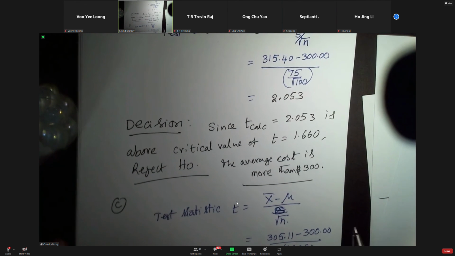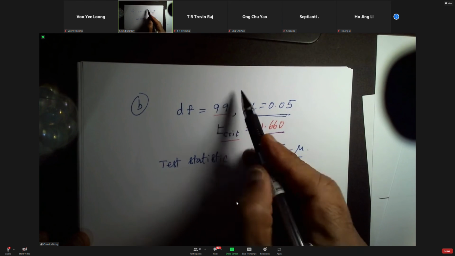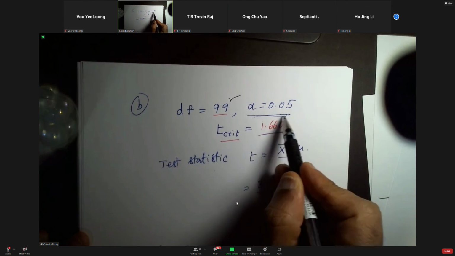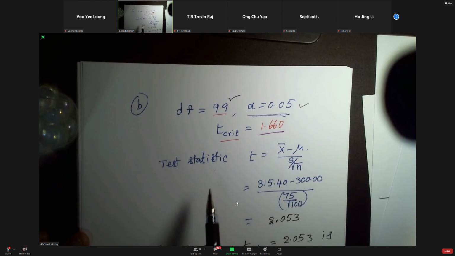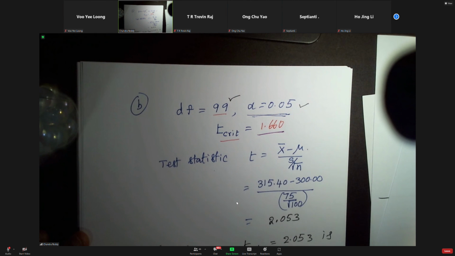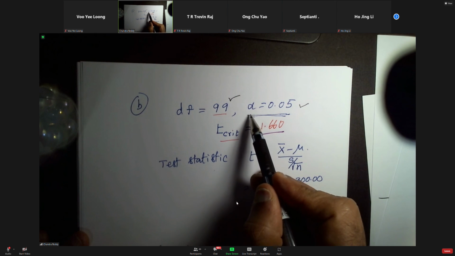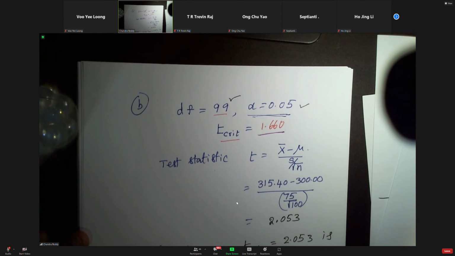You have to use the same logic. For a degree of freedom of 99, the given level of significance is 0.05, and for this the critical value is 1.660. So alpha for part B is 0.05.